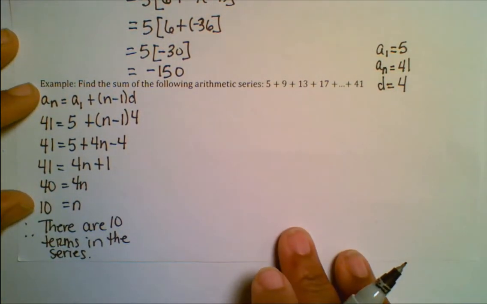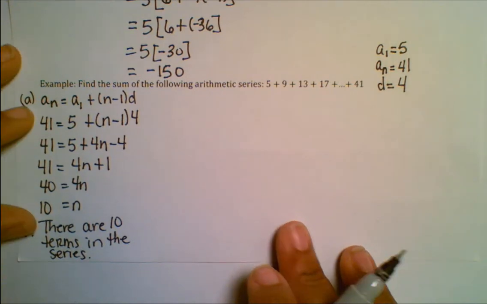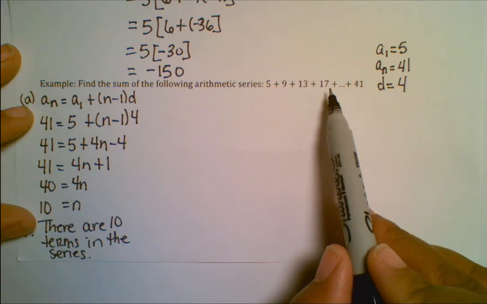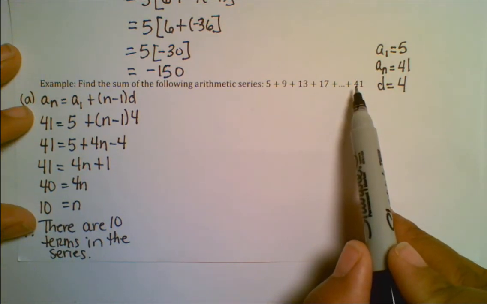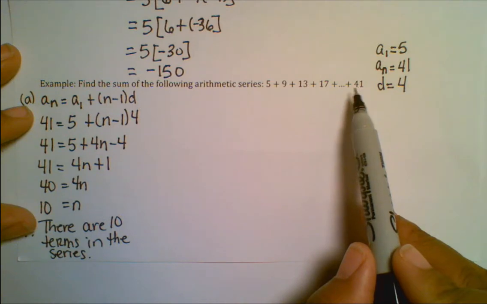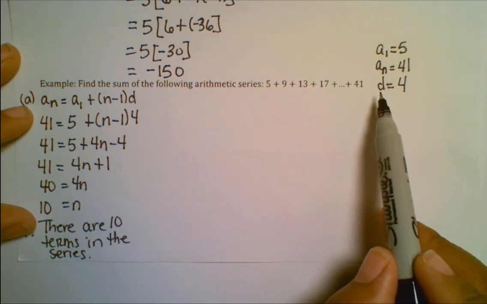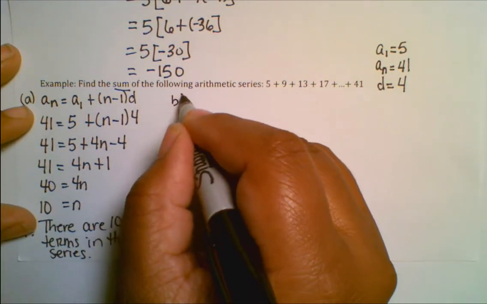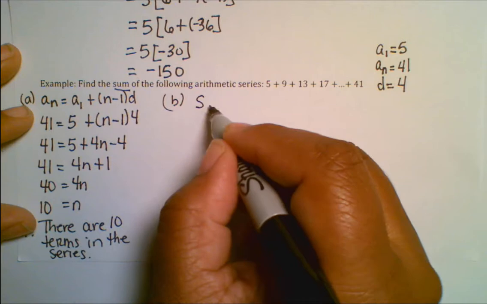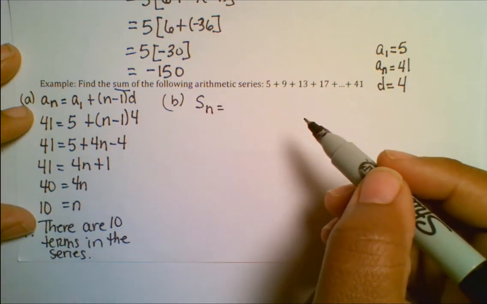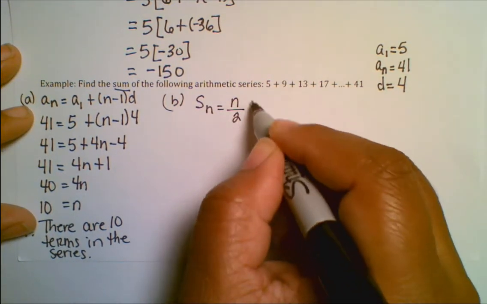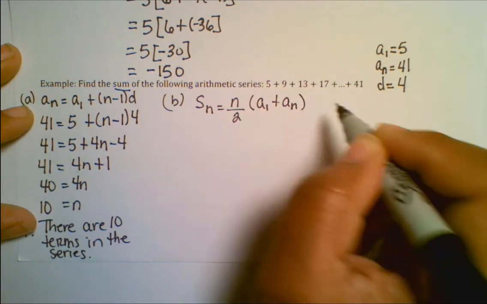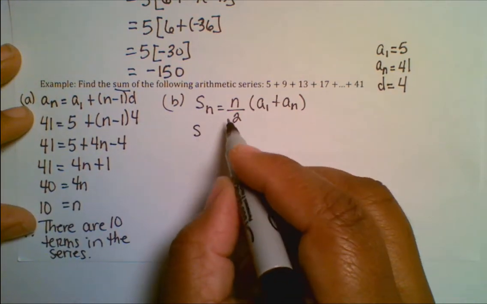Okay, so we're looking for the first 10 terms of the series. Where you see the three dots, you can keep going and adding 4 each time till you get to 41, and then determine how many terms are in that series. But it's asking us to find the sum. So the sum S sub n is equal to, we can use n over 2 times a sub 1 plus a sub n, since we're looking for the first 10 terms.